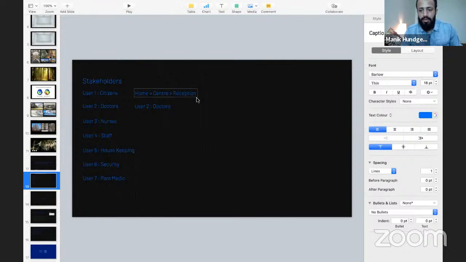So this gets us to the second tree of the activity that has to happen. Now the person at the reception probably has to check your receipt. They might have a system given for that. They might have a computer kept for that, or they might be checking it on their phone. And in exchange, you need a system where they are either giving you a token or a number.